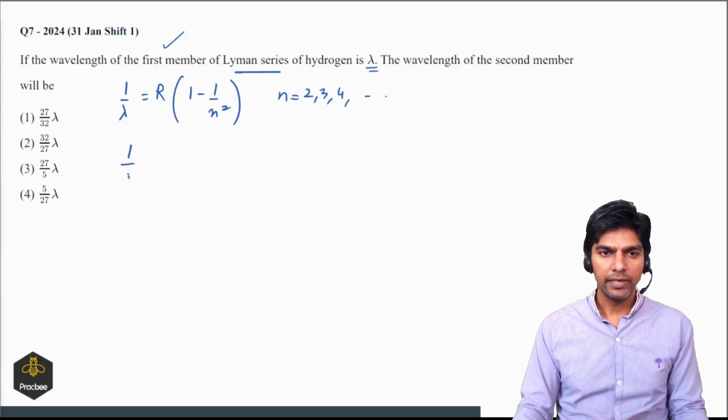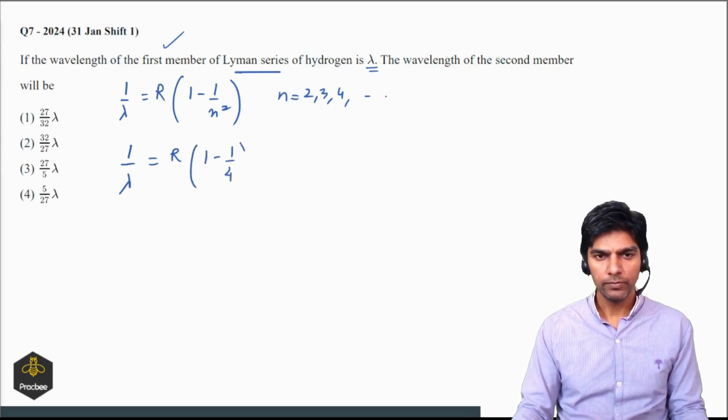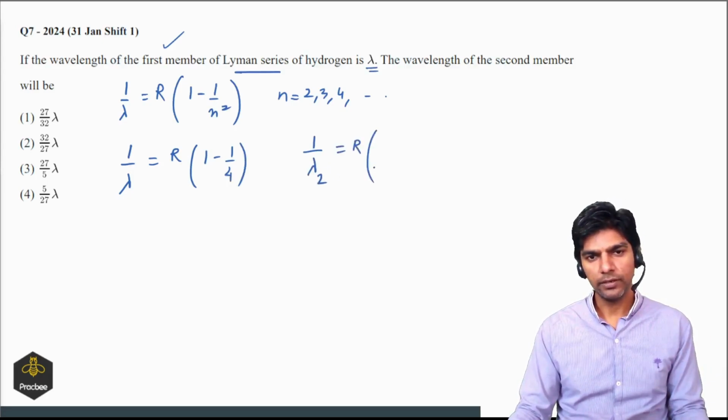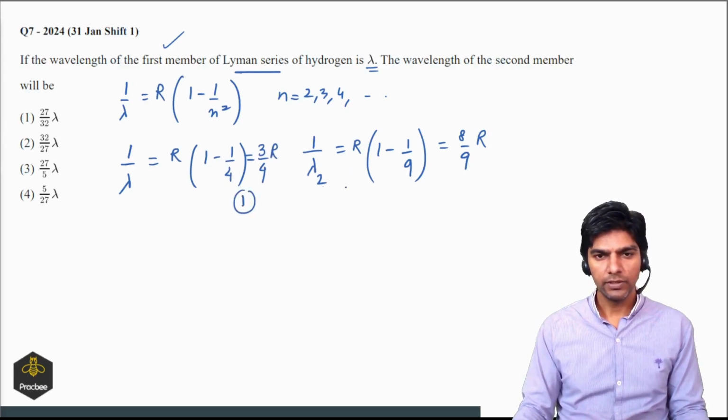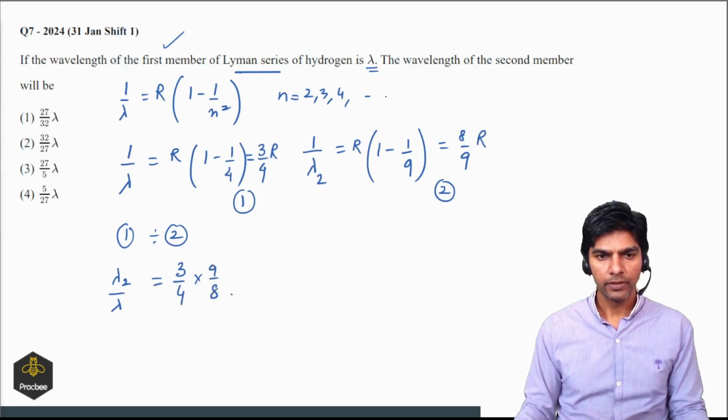So for the first member, 1 by lambda is R times 1 minus 1 by 4, which is 3 by 4 times R. For the second member, let me call the wavelength lambda 2, 1 by lambda 2 is equal to R times 1 minus 1 by 3 square, which is 9, so this comes out to be 8 by 9 times R. If this equation is 1 and this equation is 2, dividing 1 by 2 gives lambda 2 by lambda equal to 3 by 4 times 9 by 8, which comes out to be 27 by 32.